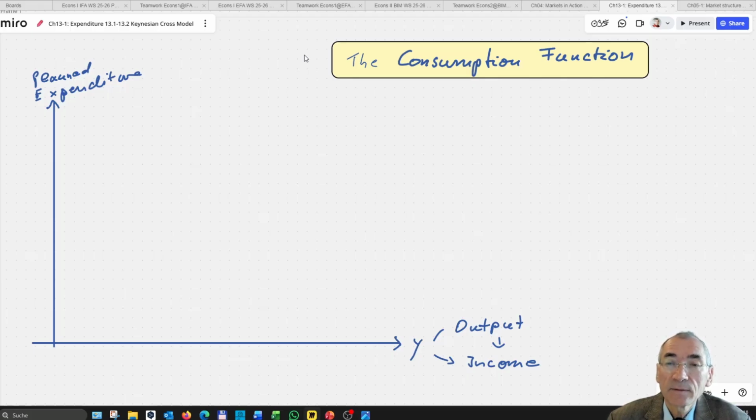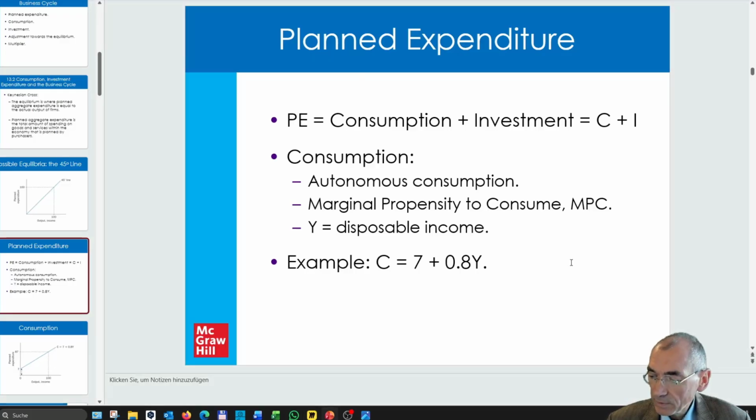And this function does have two parts. You can see this here. One is called autonomous consumption, and the other is called marginal propensity to consume. The base number is our disposable income. And again, you might recall from chapter 9 and the beginning of chapter 10, where we looked further into how to measure national income, that we differentiated income from GDP as a production measure.